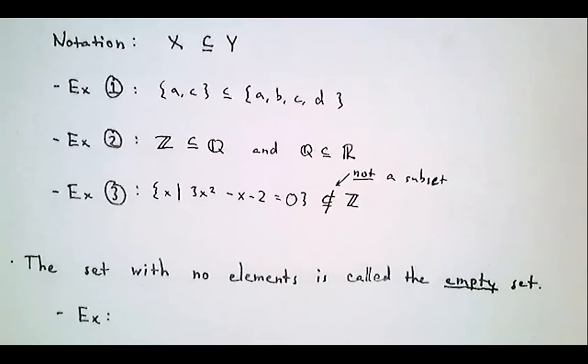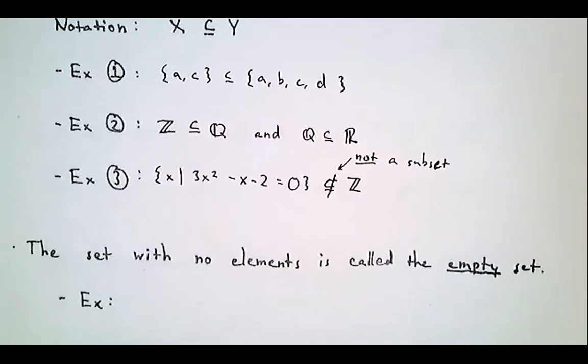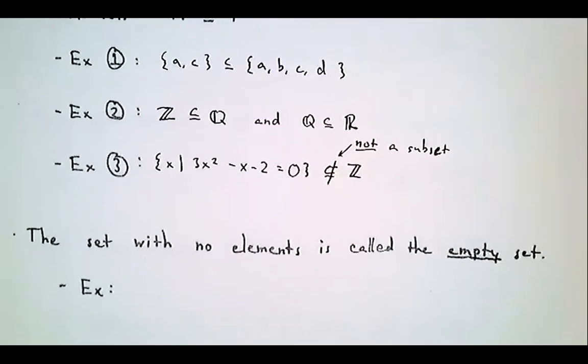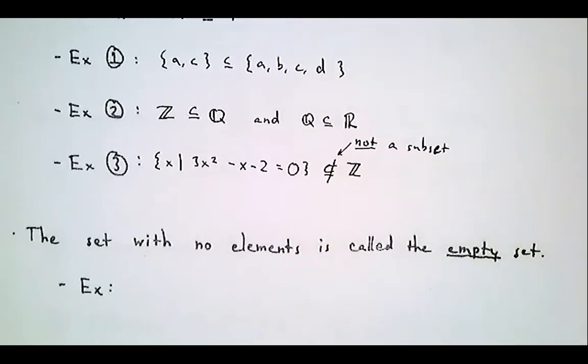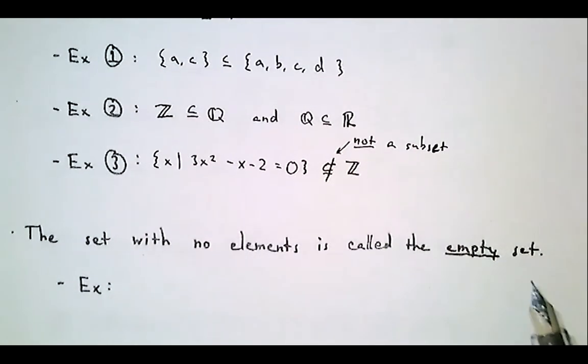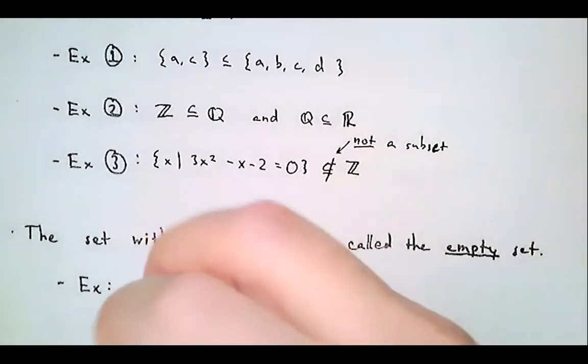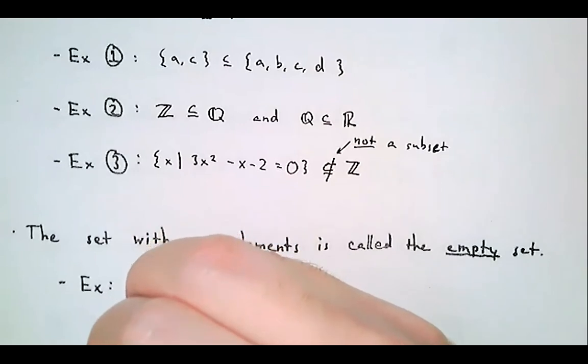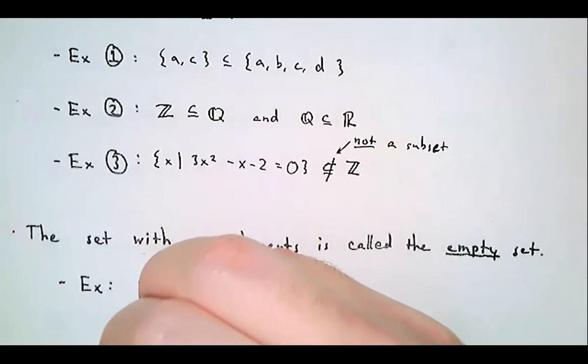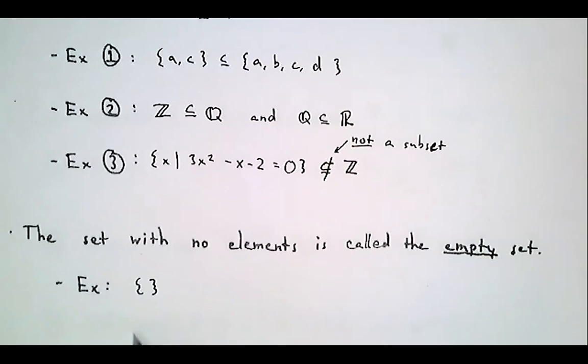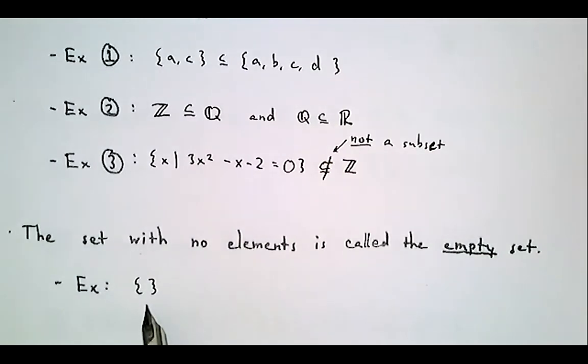So there's a unique and fairly important set, and it's the set with nothing in it. It's the set with no elements. And we call it the empty set for obvious reasons. And there's a few ways to write it. This is the first way.